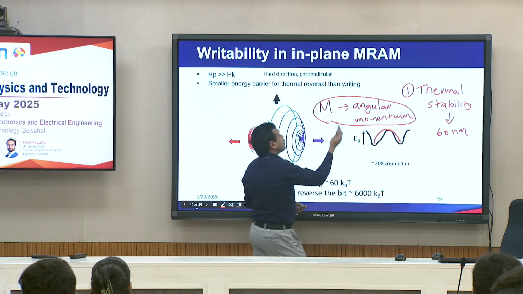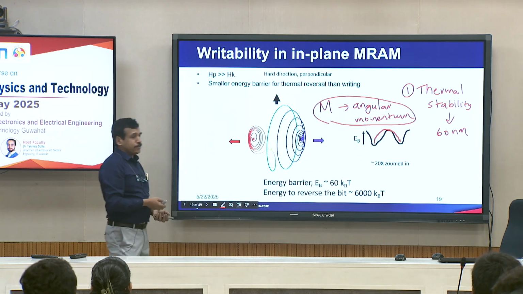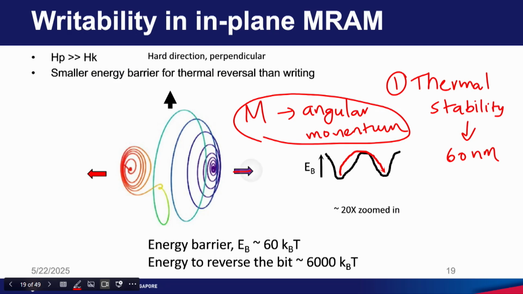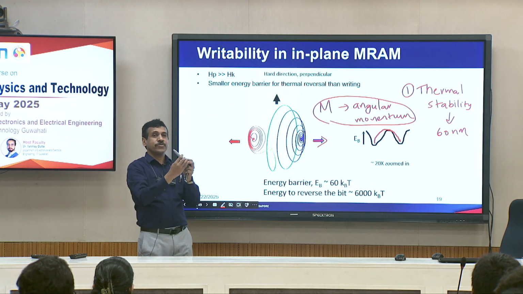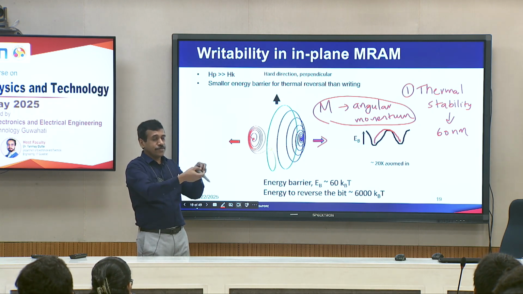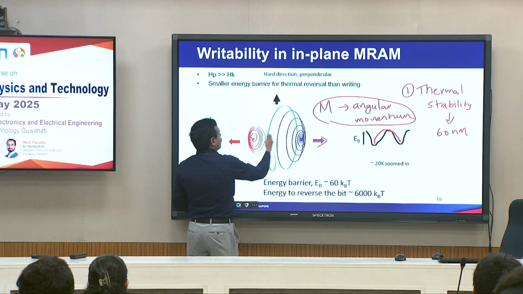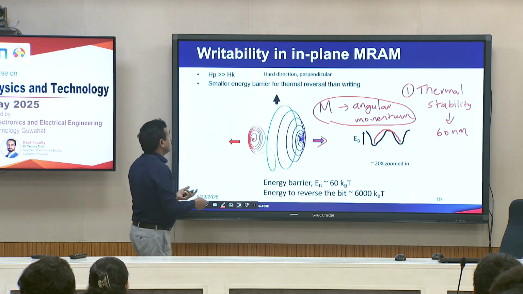So, like the spinning top's angular momentum, magnetization also has angular momentum. If magnetization is pointing in this direction and you want to make magnetization to be in the opposite direction, again it has to precess, then finally switch to the other direction. So, this is the typical switching behavior.